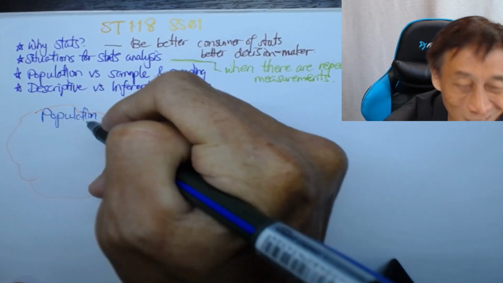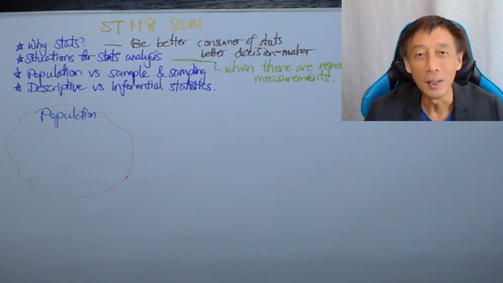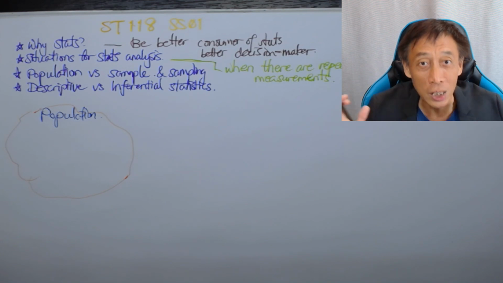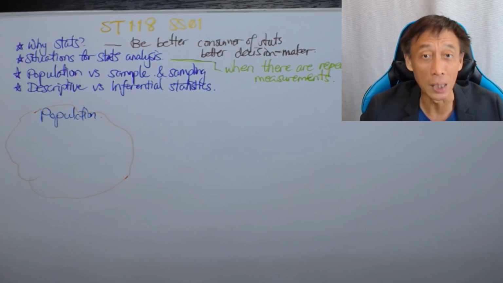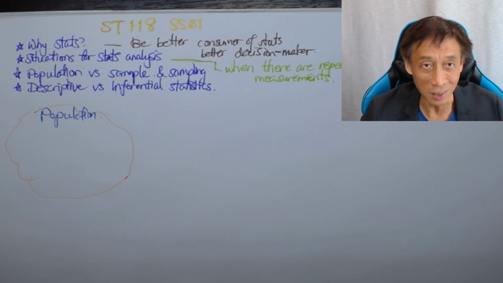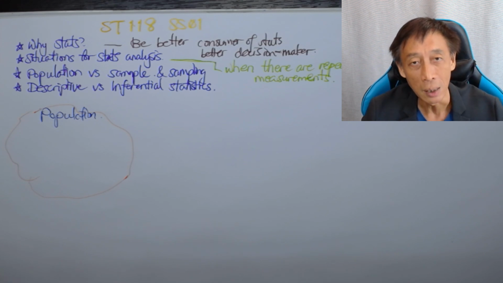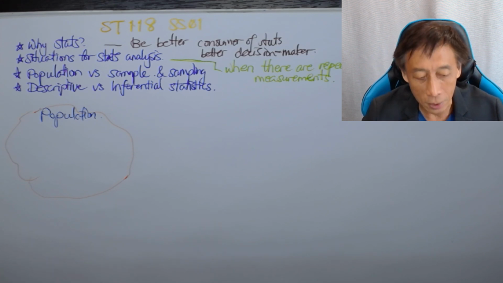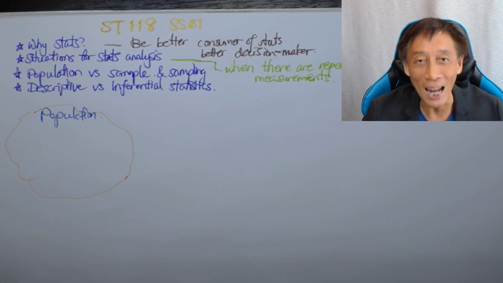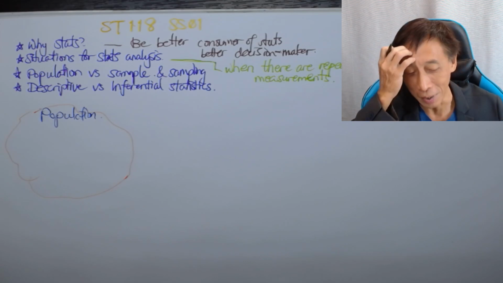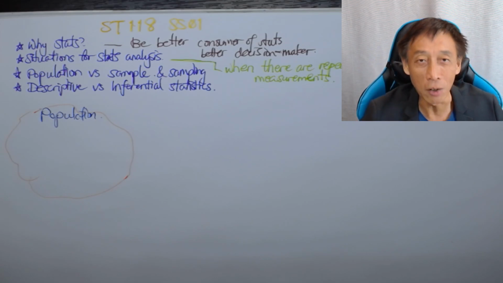So the statistical term population is not referring to people in a particular country, like the population of Singapore, United States, United Kingdom, and so on. Not like that. But we will have a population, right? So when we say we have a population for analysis, that's to say we have a bag of numbers. Now this bag is where the problem is. Where's the boundary? Is it a large bag or small bag?